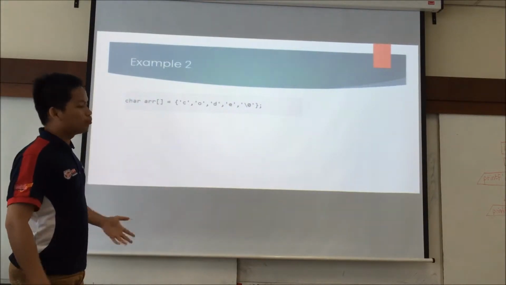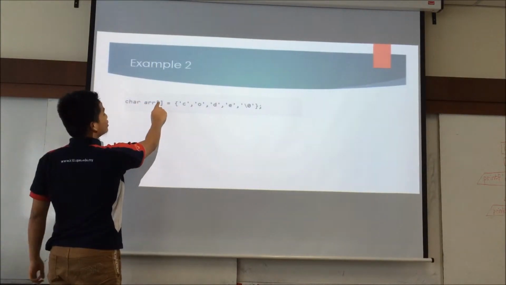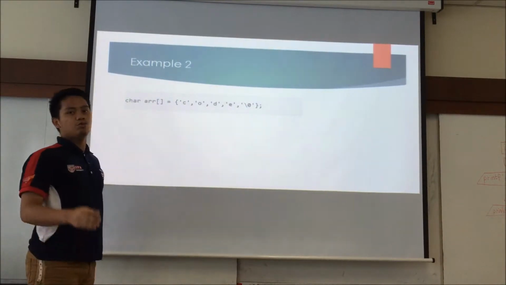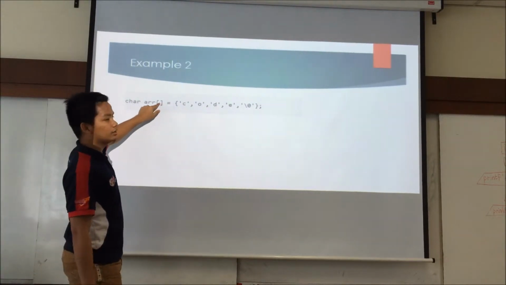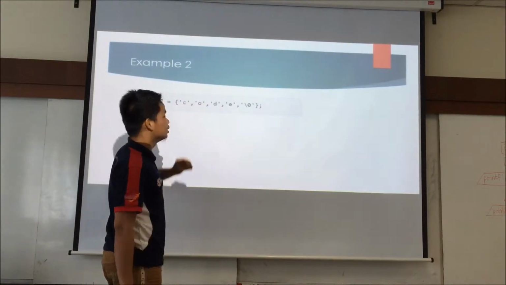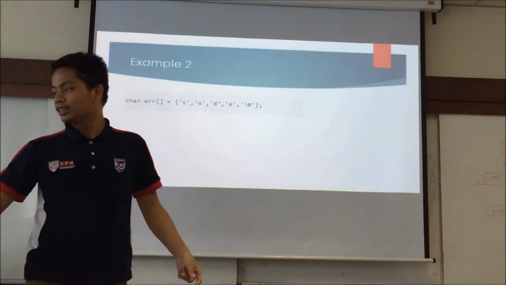If you want to save more than 100, you just leave the array bracket blank, and then you can save many characters. If you want to limit it to 5, write 5, and then you can only put 5 elements here: 1, 2, 3, 4, 5.